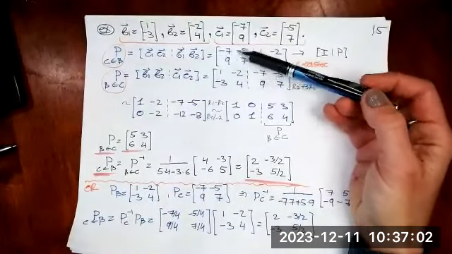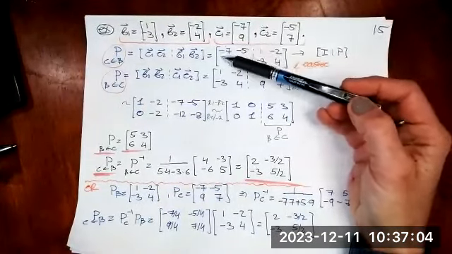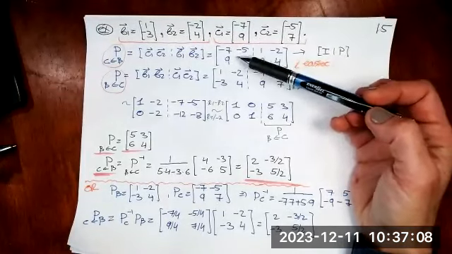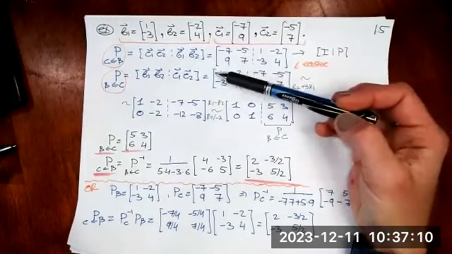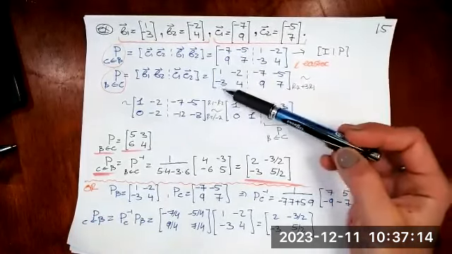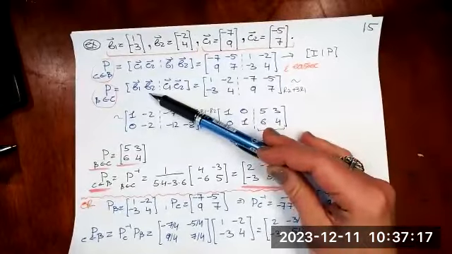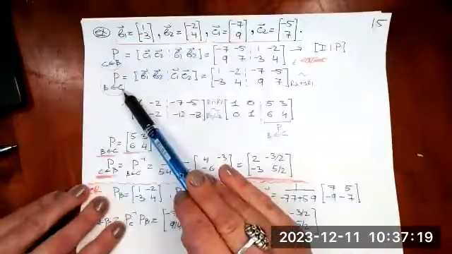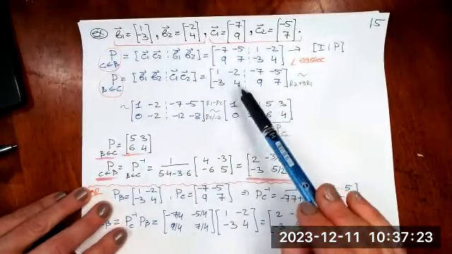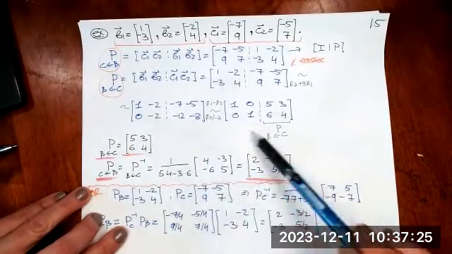I have like -7 and 9, and I want this to be 1. If I divide by 7, there are going to be fractions here. Over here, it looks a lot easier. This is already 1, right? So my row elimination is going to be easier for putting B first. So maybe I'll compute P C to beta first because it's easier to do row elimination without the ugly fractions.